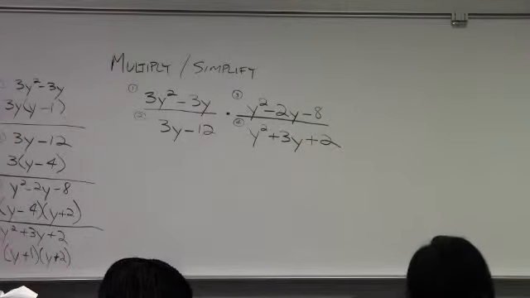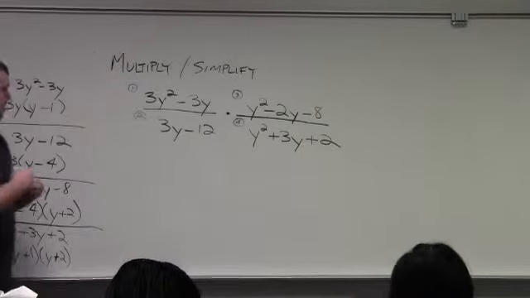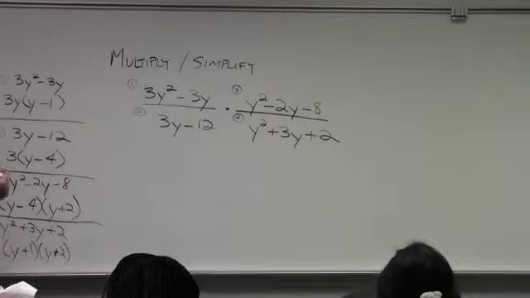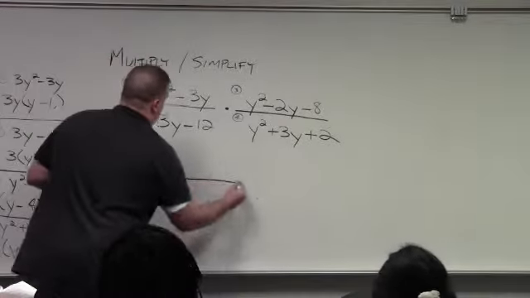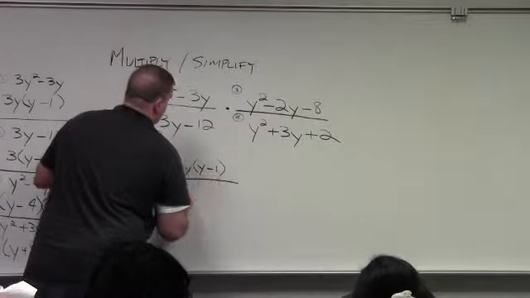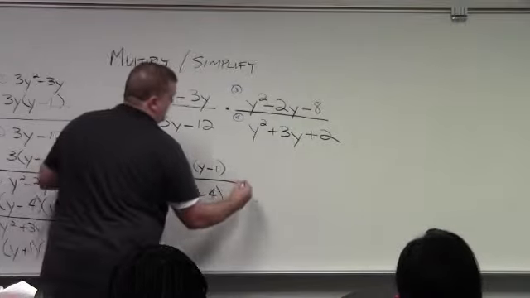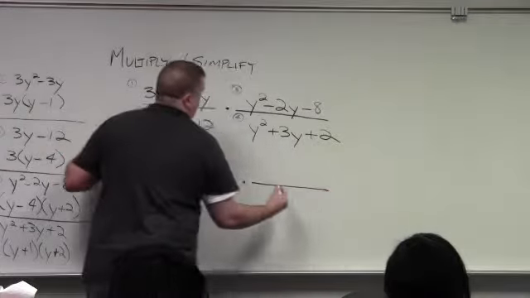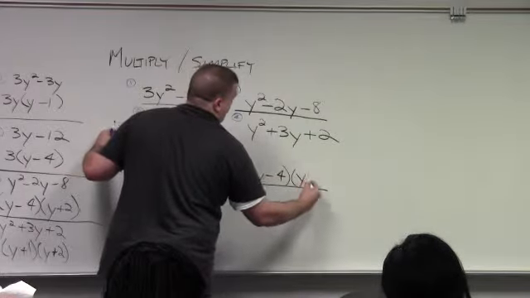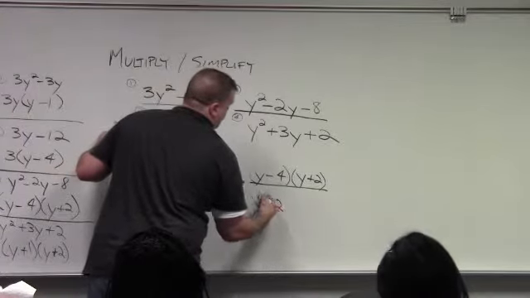So let's go back and replace our fractions with this new information. So we've got 3y, y minus 1, 3, y minus 4, y minus 4, y plus 2, y plus 2.